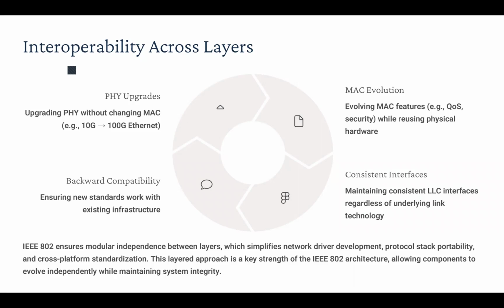Now, the layers in IEEE 802 are designed to enforce modular independence. That means each layer can evolve independently. Because of the consistent inter-layer boundaries, the network drivers and operating system software can support multiple hardware types with minimal adjustment.